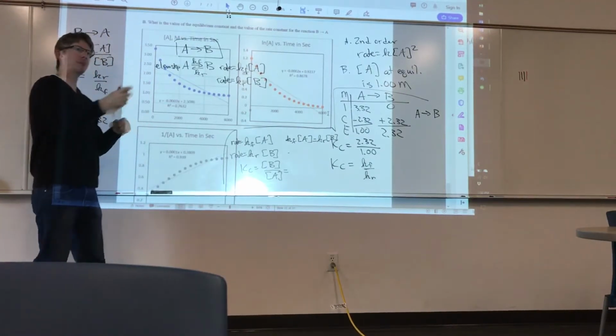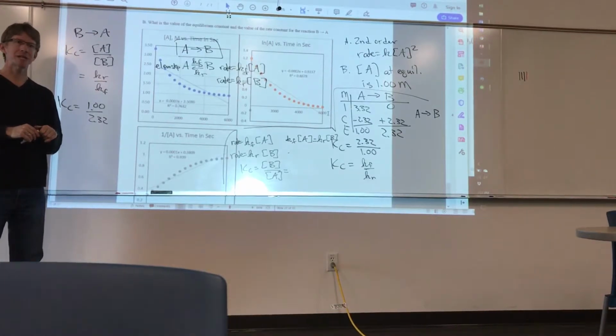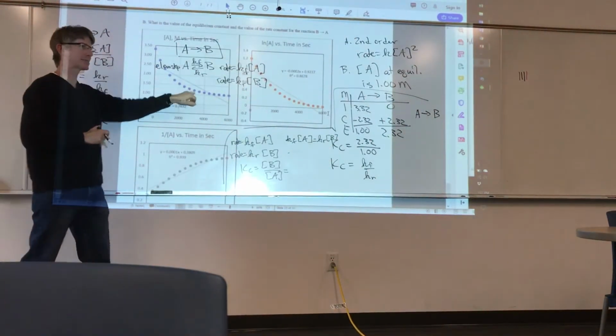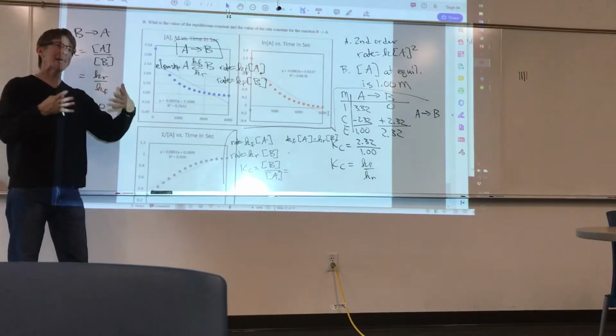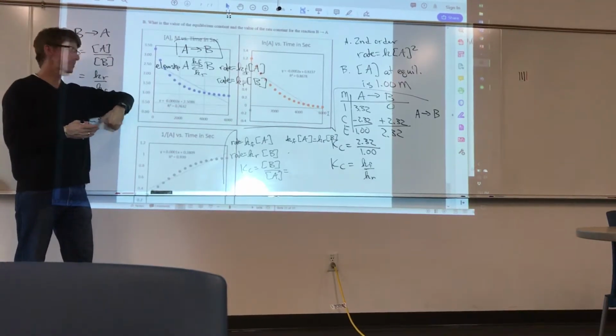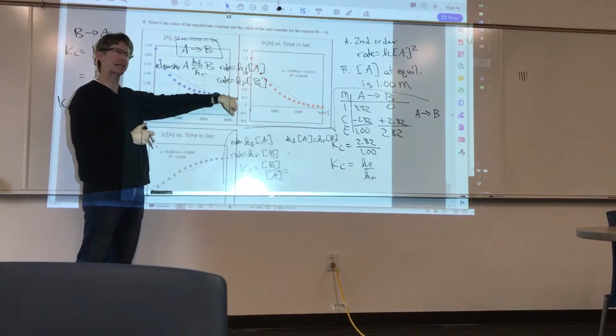Maybe we can talk more about it after class or in discussion. So at equilibrium, the rate of the forward reaction equals the rate of the reverse reaction, and that is related to the concentrations and the forward and reverse rate constants.